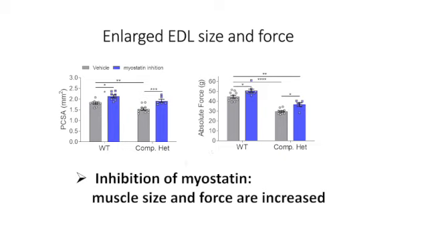So we conclude that in this mild Nemaline myopathy mouse model, inhibition of myostatin increases muscle size and force. And this is part of a manuscript that Johan Lindqvist, who's working on this project, is currently preparing.